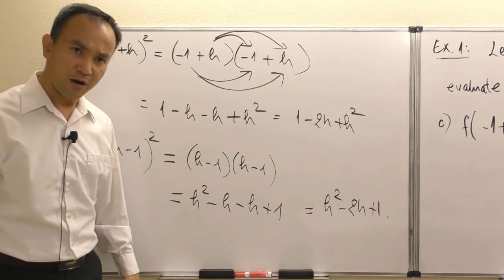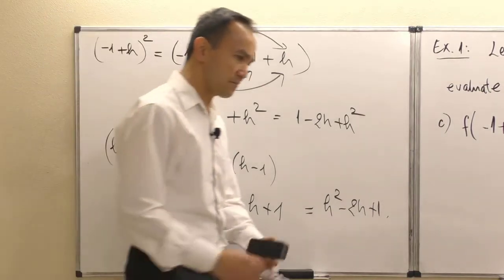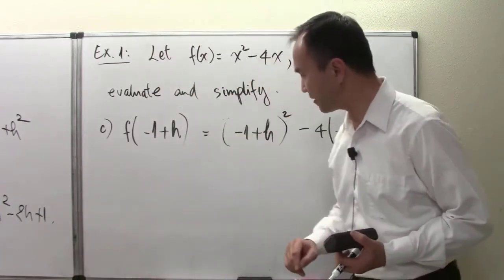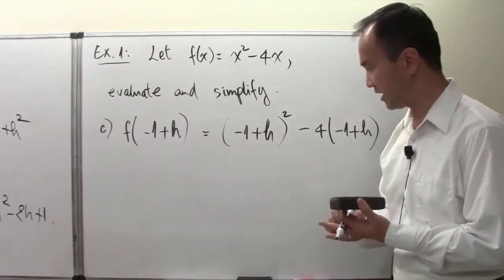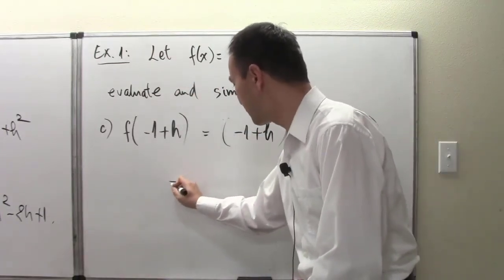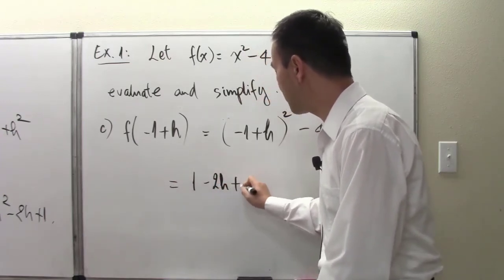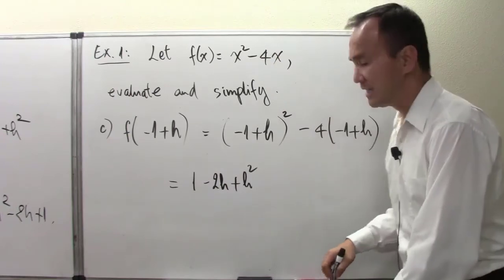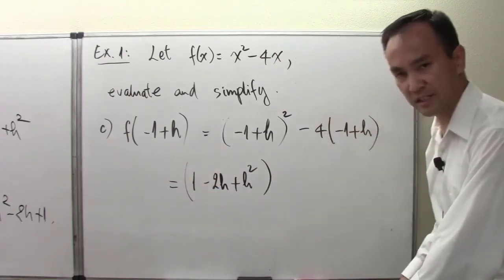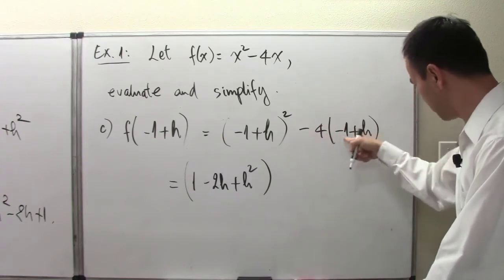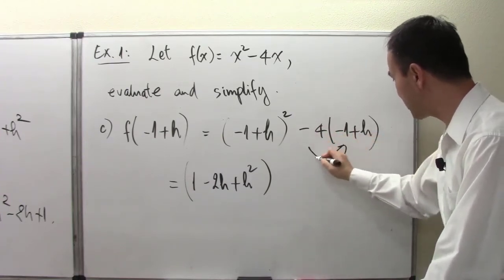Okay, all right. So now, back on this board right here, this perfect square is now going to be, in the next step, 1 minus 2h plus h squared. I'm still keeping that in parentheses. And then this minus 4 distributed into each term right here will switch signs.